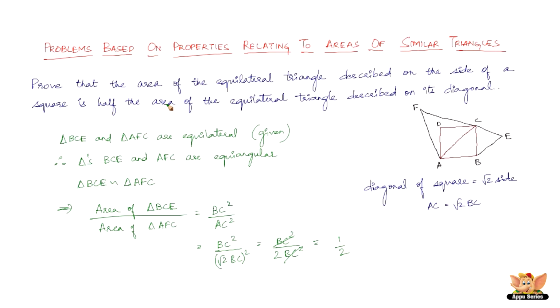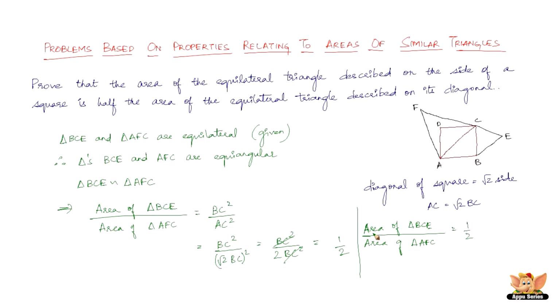So what it says is we need to prove that the area of the equilateral triangle described on the side is half the area of the equilateral triangle described on its diagonal. So here it is. Area of triangle BCE by area of triangle AFC is exactly half. Area of triangle BCE by area of triangle AFC equals half.